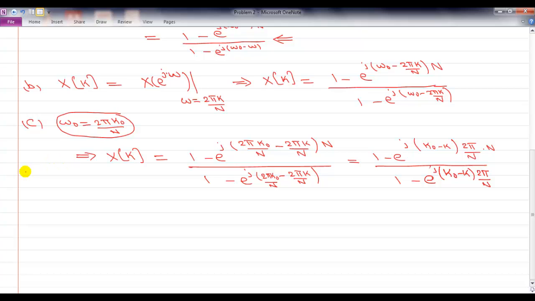So let's take the case where k is not equal to k naught. If k is not equal to k naught, what does X[k] look like?